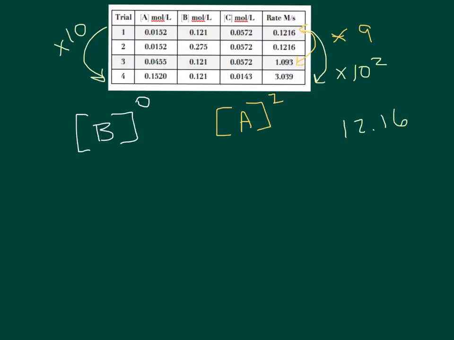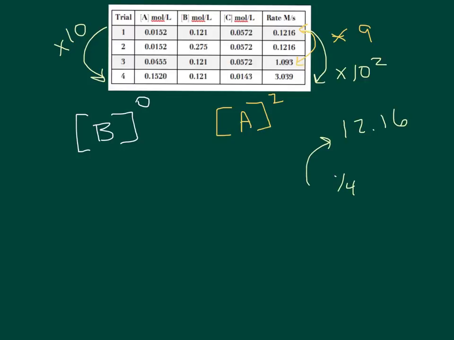What's the actual rate, though? The actual rate is 3.039, which is approximately 1/4 of the rate we would expect based on the impact of A.